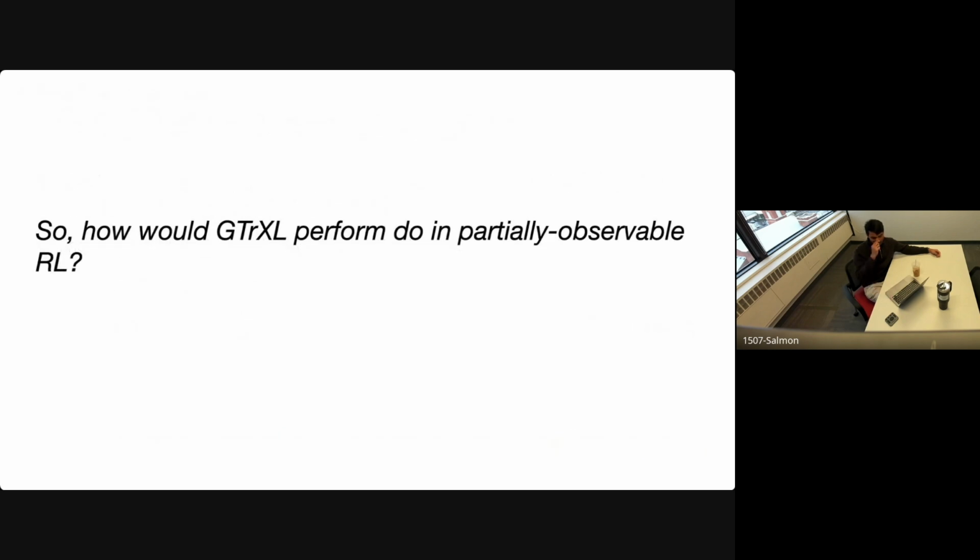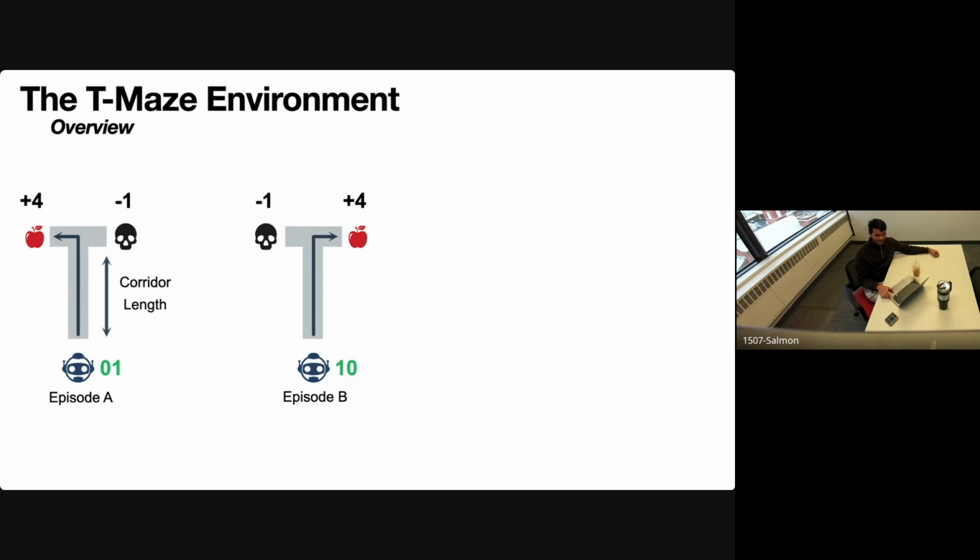So let's try to demonstrate that problem by performing a simple experiment in a partially observable RL problem. Let's try testing out GTrXL in a partially observable RL setting. We're going to start by testing in this environment called the T-maze.